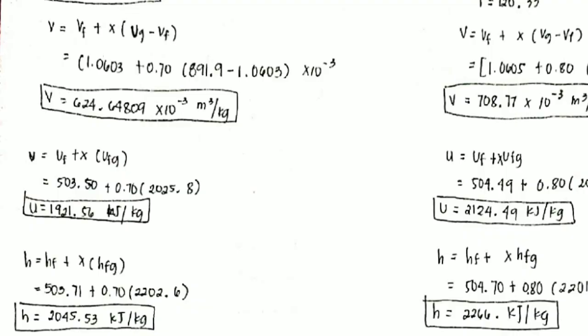So VF is 1.0603 plus 0.70 for our X, and VG is 891.9, minus VF, which is 1.0603, and the VG is times 10 to the power of 3. Including it in our calculator, we get 624.64809 times 10 to the power of negative 3.